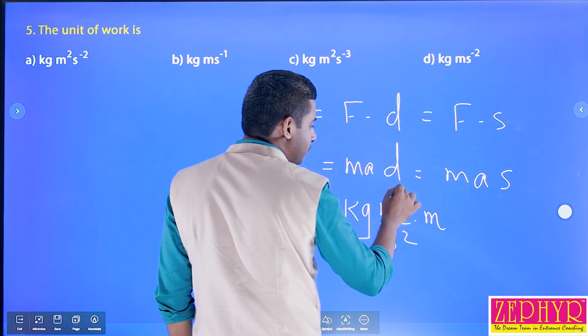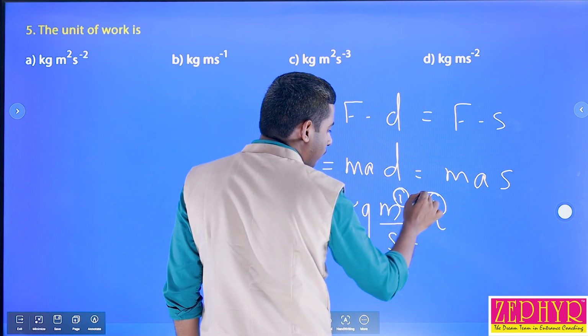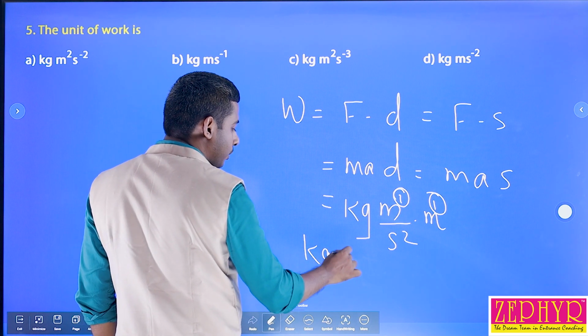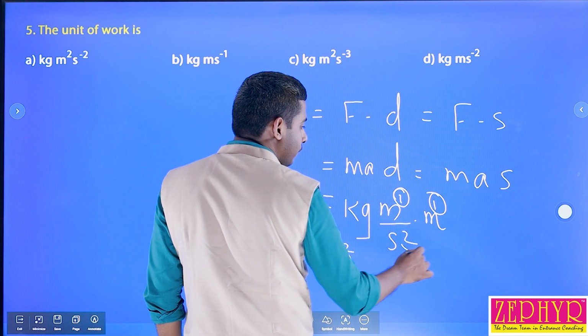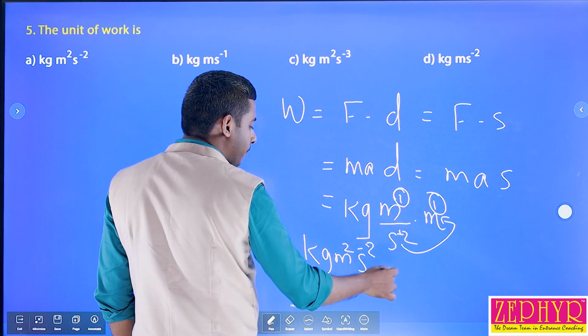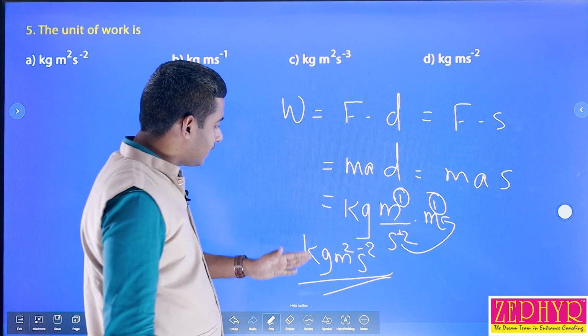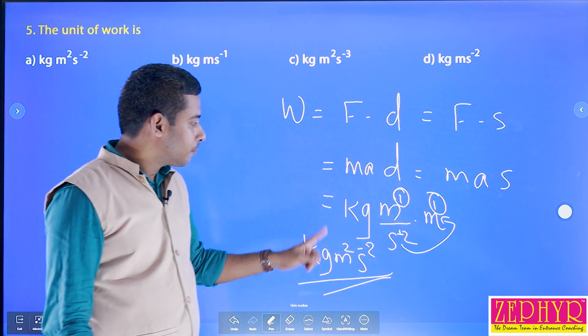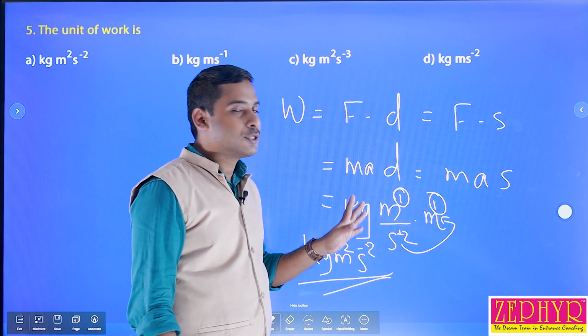So, here it is m raised to 1, here it is m raised to 1, 1 plus 1, that is 2. So, we can say kilogram meter square, S will come upside. So, the plus 2 will change into minus 2. So, our answer is, dear students, kilogram meter square S raised to minus 2.